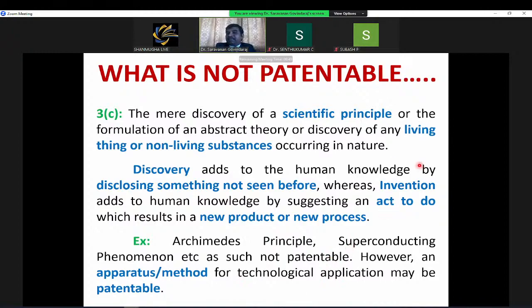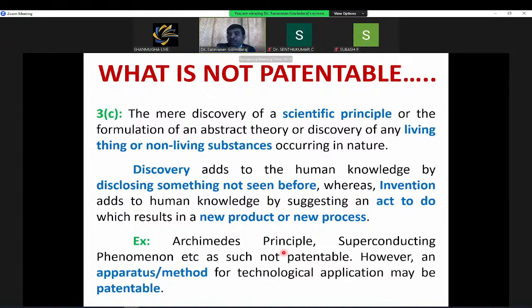What is invention? I told you, discovery is nothing but disclosing something not seen before, whereas invention adds human knowledge. We use that human knowledge to make some new product or process. That's why we can't get a patent for something like Archimedes' principle. That cannot be patented.